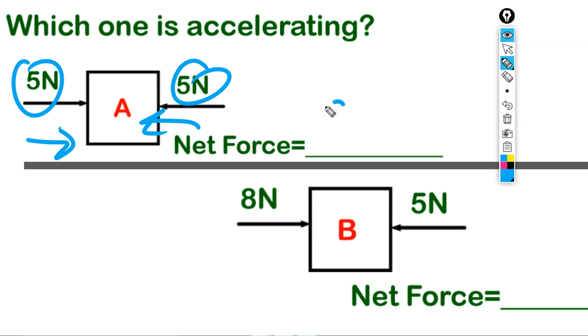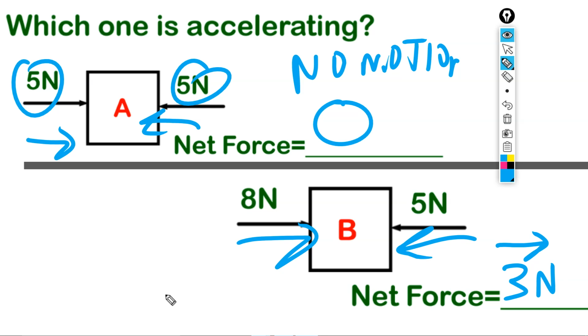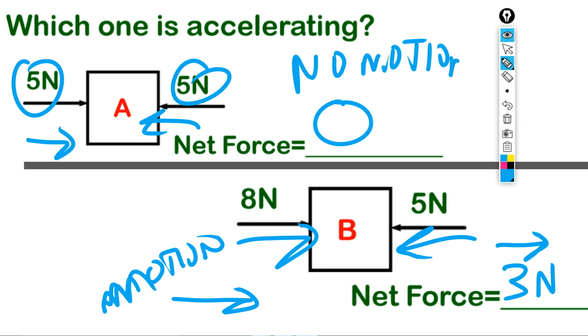So we've got a net force of 0. The forces are equal, no motion, no acceleration. And down here we've got 8 to the right, 5 to the left. So 3 more newtons of force to the right. So there would be an acceleration towards the right, or motion towards the right.